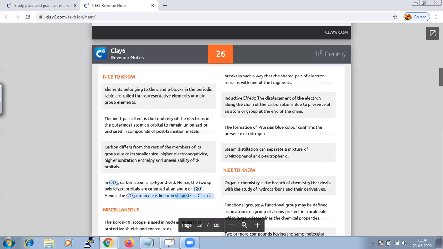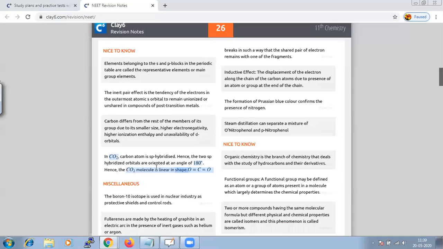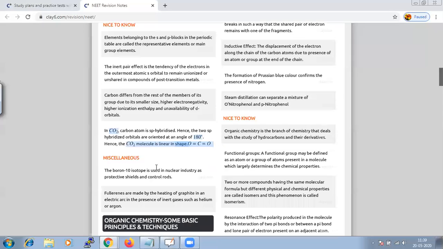When we talk about properties of p-block elements, such as boron, we should remember that the boron-10 isotope is used in the nuclear industry as a protecting shield and in control rods.